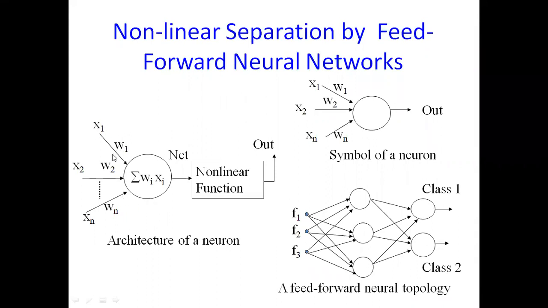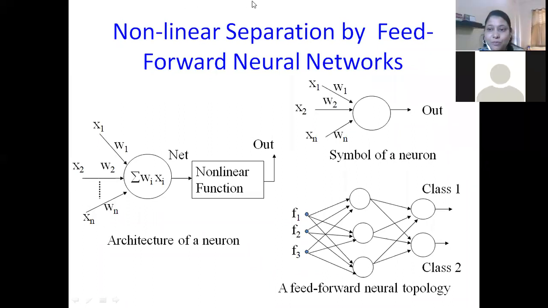And also we have W1, W2, and up to Wn, the weight matrices, which are associated with each of the input data set or input patterns. So after this neural net, whatever the output is, that is automatically fed to the nonlinear function, which is nothing but the activation function.